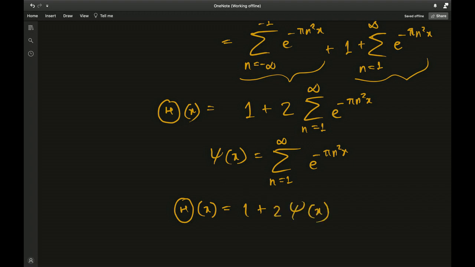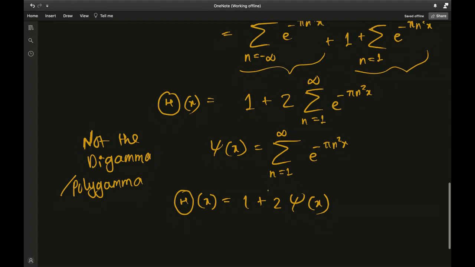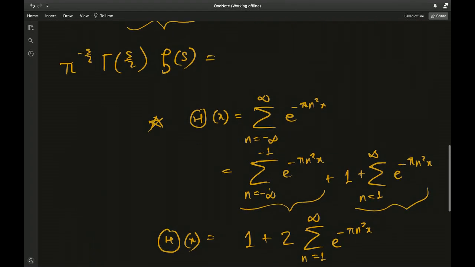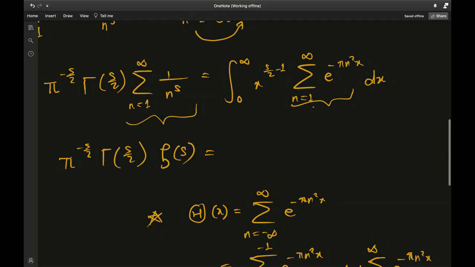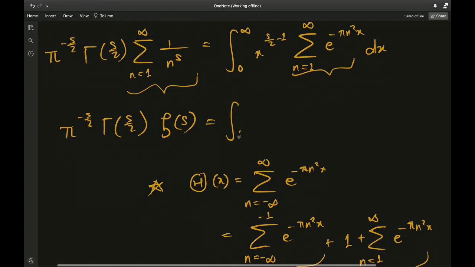Now this psi, I would like to point out just at the start, is not the digamma or any polygamma function. It's just a fresh quantity, it's a fresh variable. And in this integral over here, it turns out we just have psi of x.